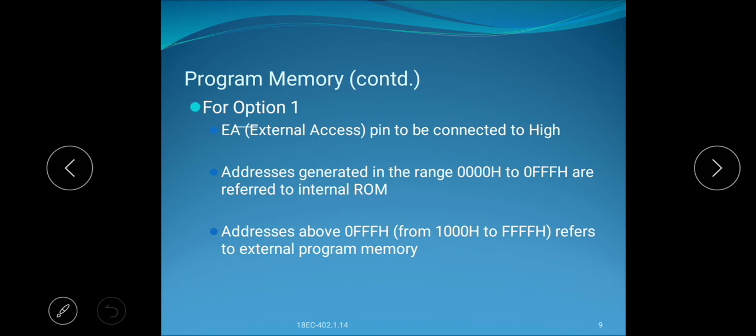Addresses above 0FFFH, from 1000H to FFFFH, refer to external program memory.